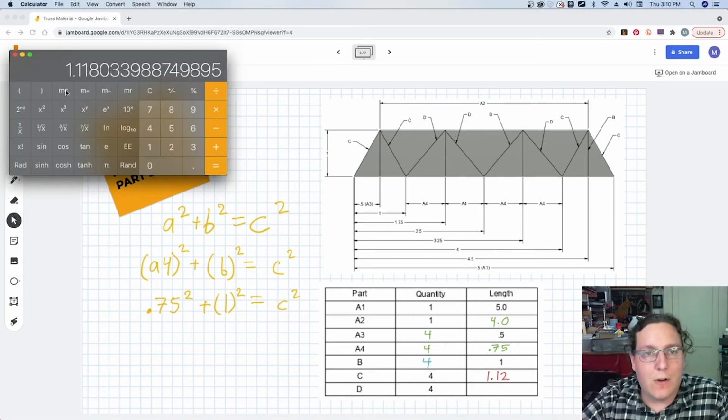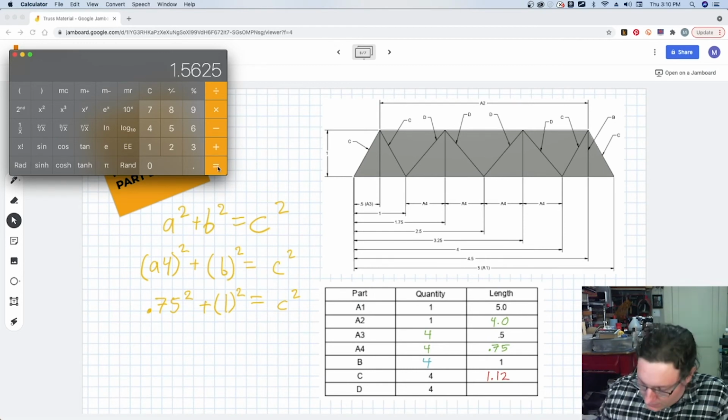So we clear out everything. 0.75 squared plus 1 squared equals, so C squared equals 1.5625.